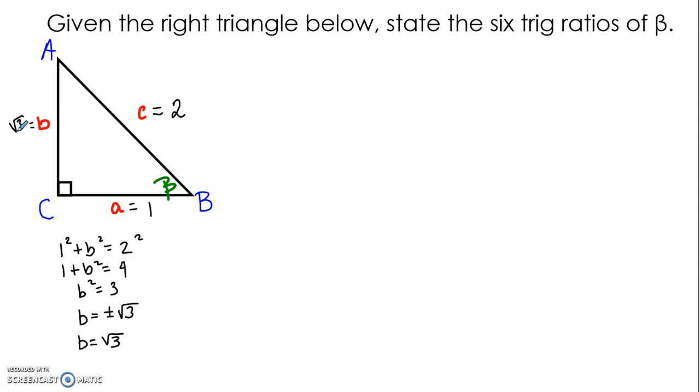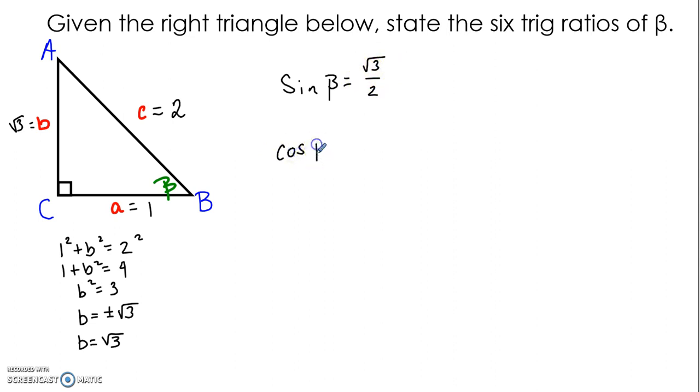So let's go ahead and write all of our ratios. The first thing we have is the sine. Oh, we're not doing theta. We have the sine of beta. Well, we know our sine is opposite over hypotenuse. So we have the square root of 3 over 2. And that one's done. We don't have to worry about simplifying this anymore.